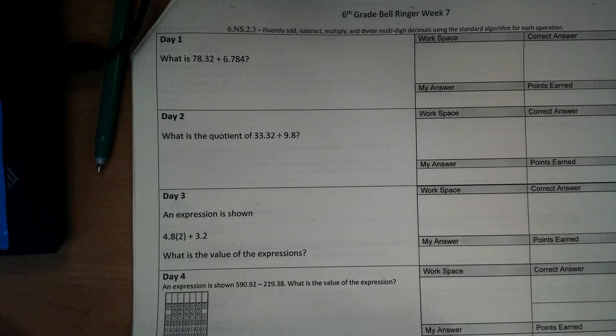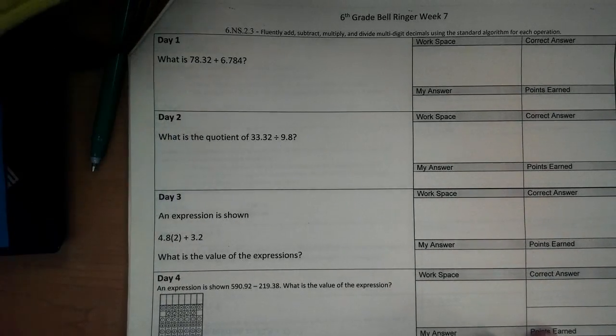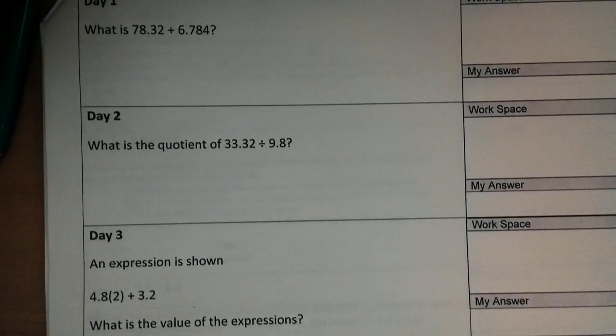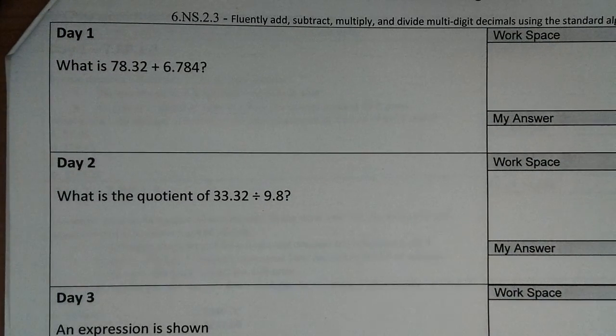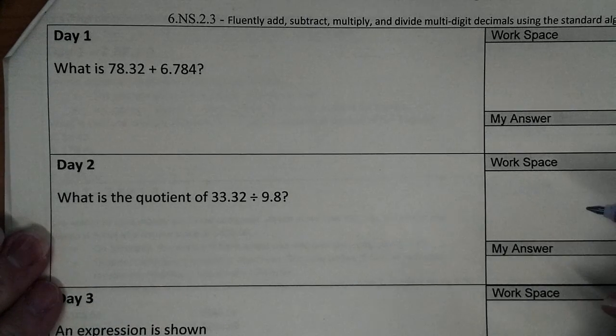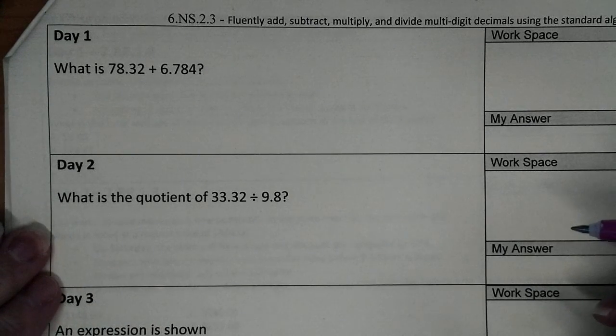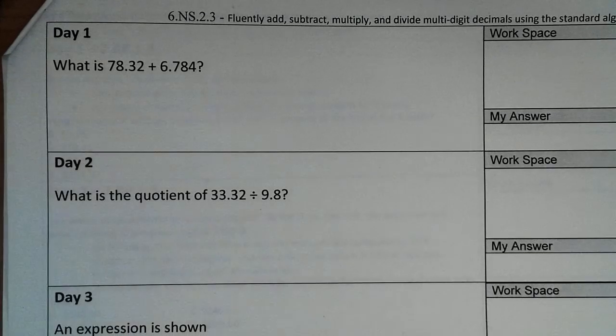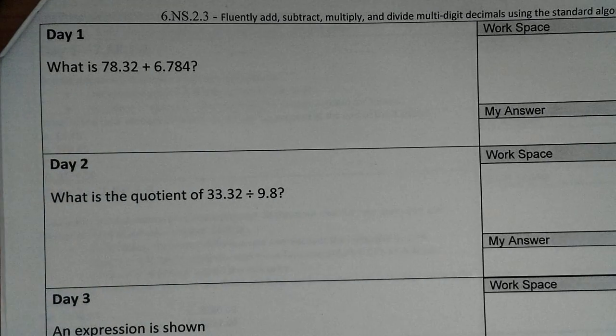All right, so number 1, if we add 78 and 32 hundredths to 6 and 784 thousandths, what do we get? Hold on, let me try to add.